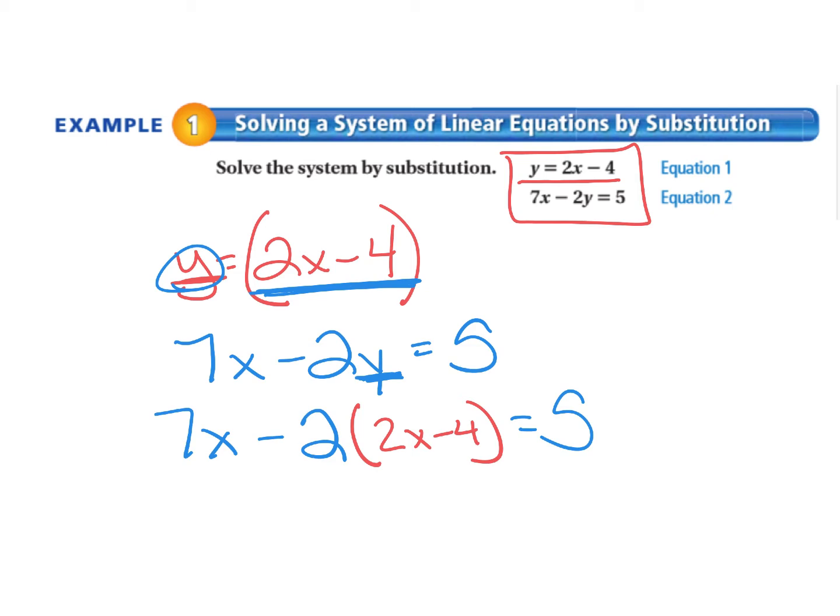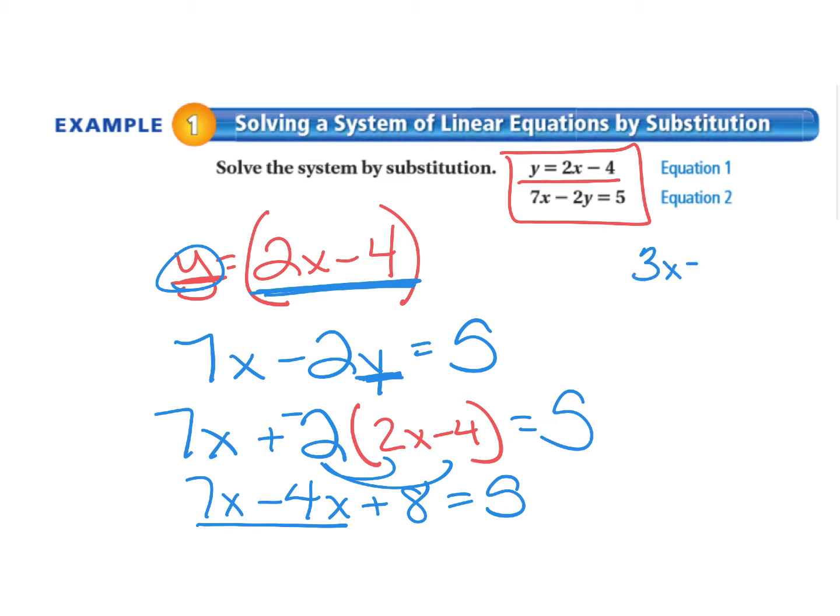We had simplification on our review homework. 7x, I'm going to double dash, make that a negative, and do the distributive property, so I get minus 4x. A negative times a negative is a positive 8, equals 5. So 7x minus 4x is 3x, plus 8 equals 5.